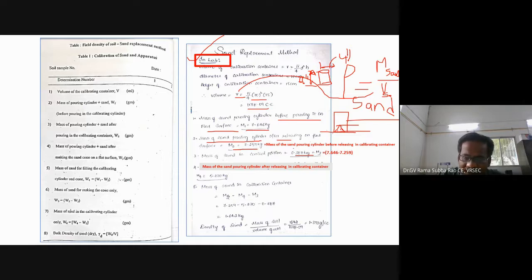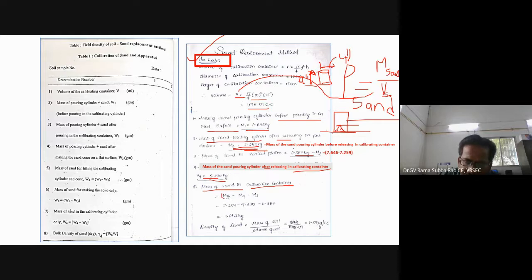So, the mass of the sand pouring cylinder before releasing into the calibrating container is 7.259 kg. After releasing into the calibrating container, it is 5.230. Now, undoubtedly one can say that the mass of the sand in the calibrating container is M2 minus M4, before minus after.